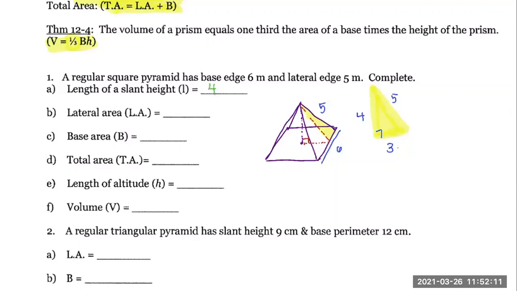Okay, so when we're calculating lateral area, your lateral area is 1/2, think of a triangle's 1/2 base times height, but the base is the perimeter and the height is the slant height. So if you plug it in, we have 1/2. Can you type in what is the perimeter of this pyramid?